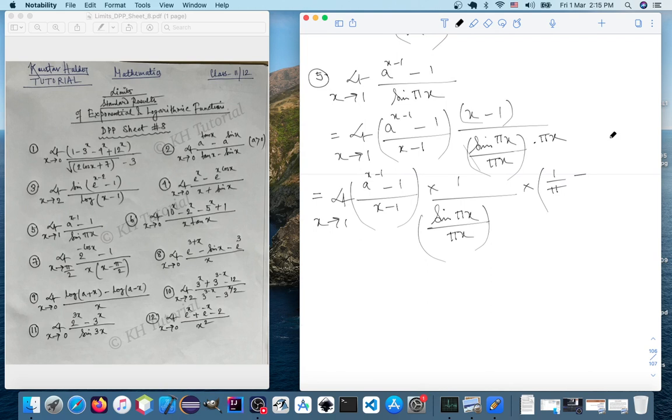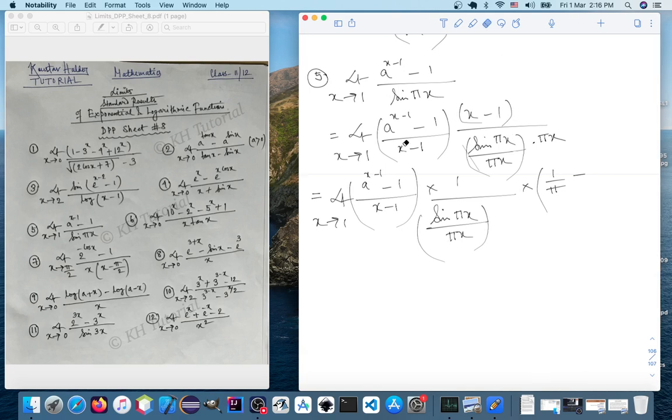Okay, so over here, this pi x is not actually becoming 0, it is becoming pi. So we have to do a little bit of change of variable for simplification.